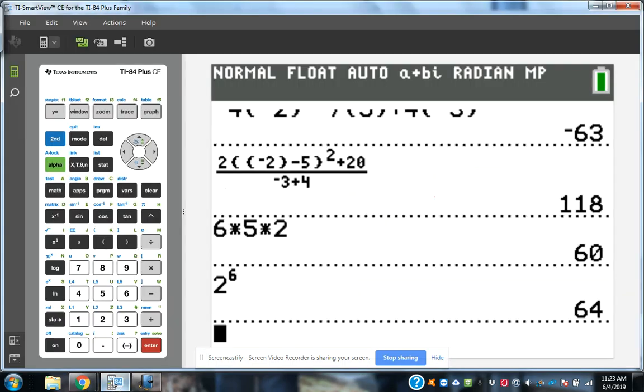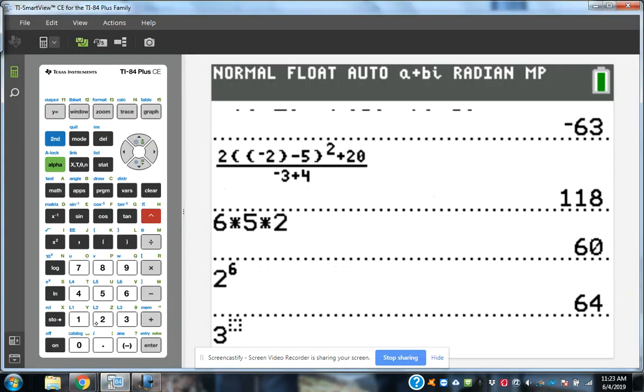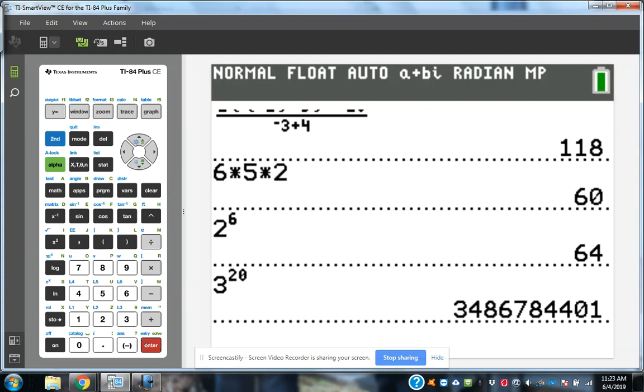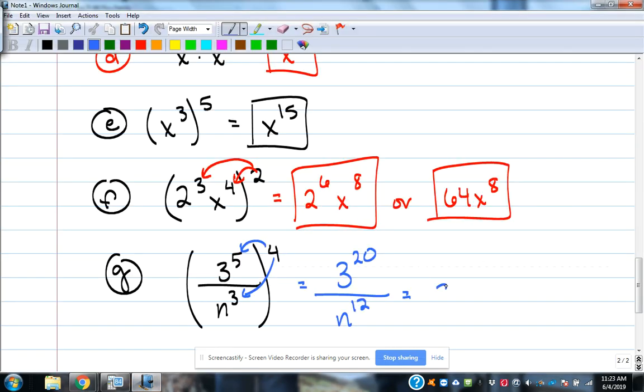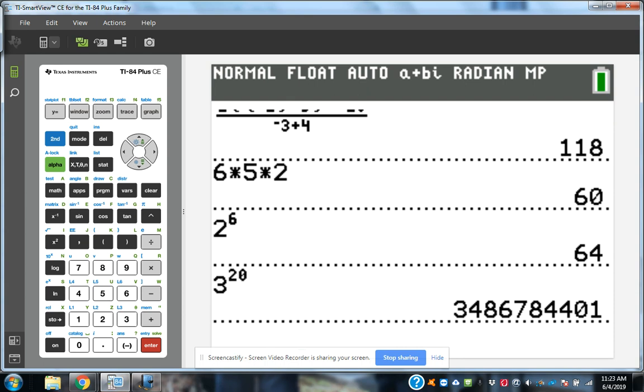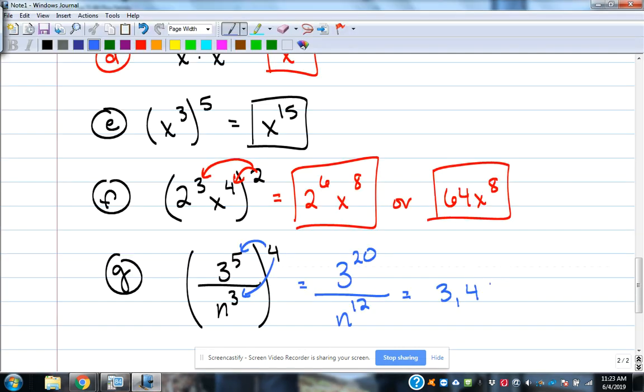My calculator may not be able to handle 3 to the 20th. It can get the number, but I don't know. It'll probably, no, it's got enough digits. I thought it might put it in scientific notation because it's so large. 3,486,784,401. Big number.